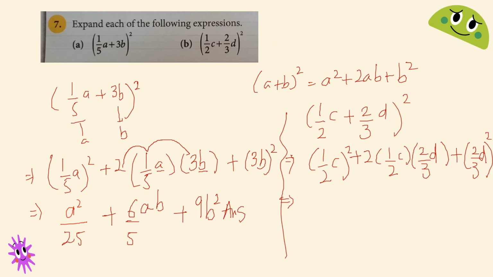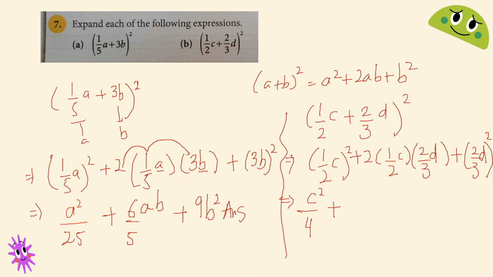Now I will be writing it as 1 square is 1, c square is c square. You don't need to write 1 square 1 here, because it's known that if there is no number, it's 1. Now divided by 2 square is 4, that is c square over 4, plus, now look at this. This one is in the numerator, this 2, and this 2 is in the denominator.